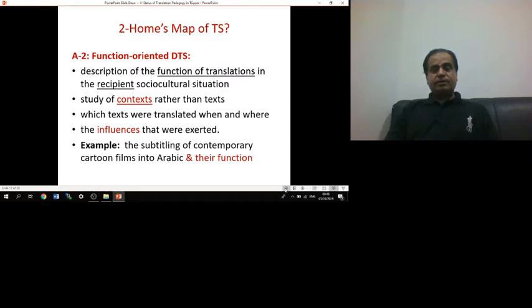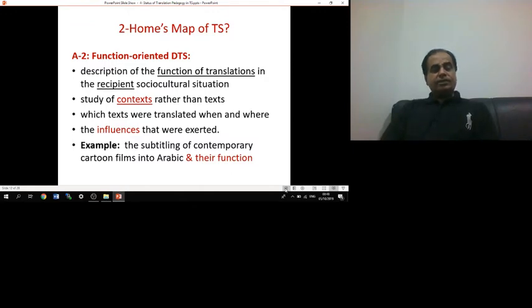If we describe the impact or the effects caused by this translation or that translation, this means we are describing the function of translation.